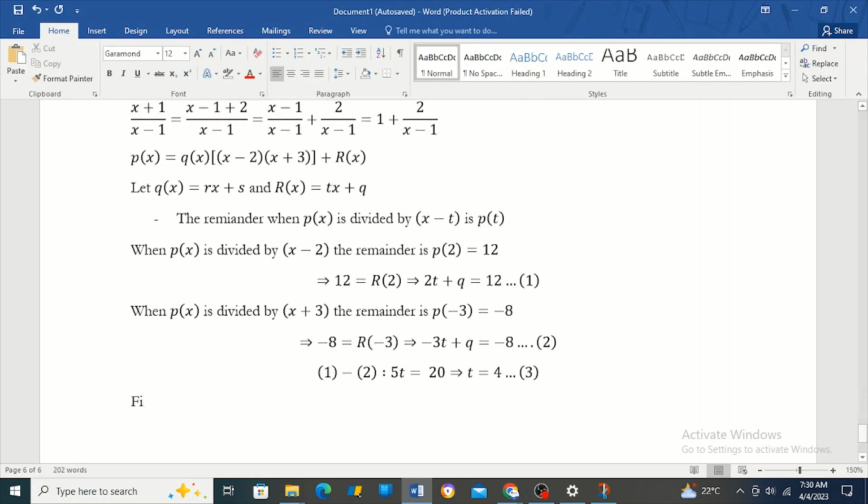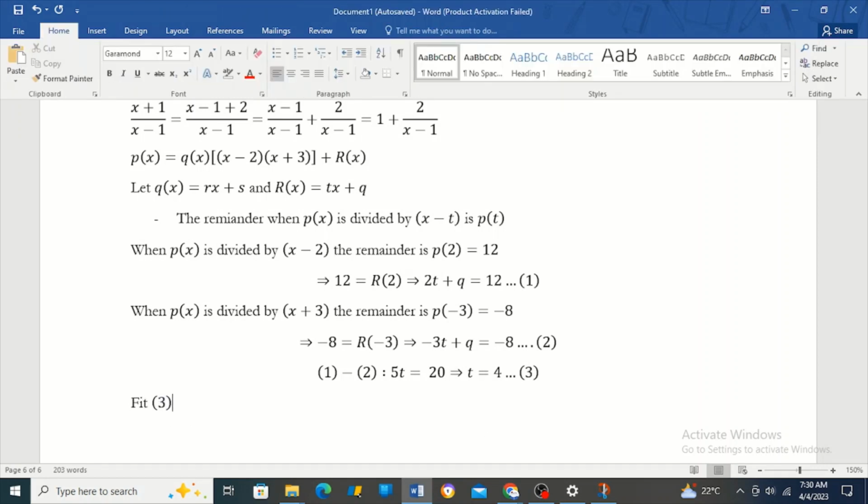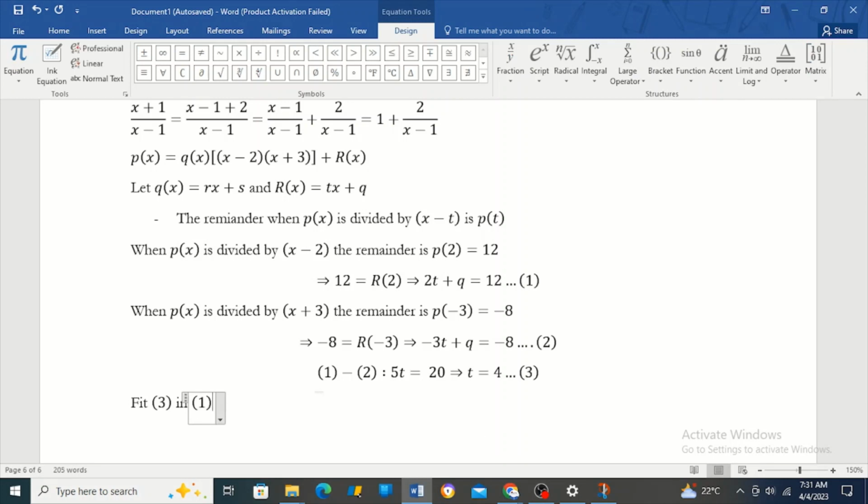Then we substitute equation 3 in equation 1. So fitting 3 in 1, what do we get? It means that 2t plus q, with t being 4, is equal to 12.